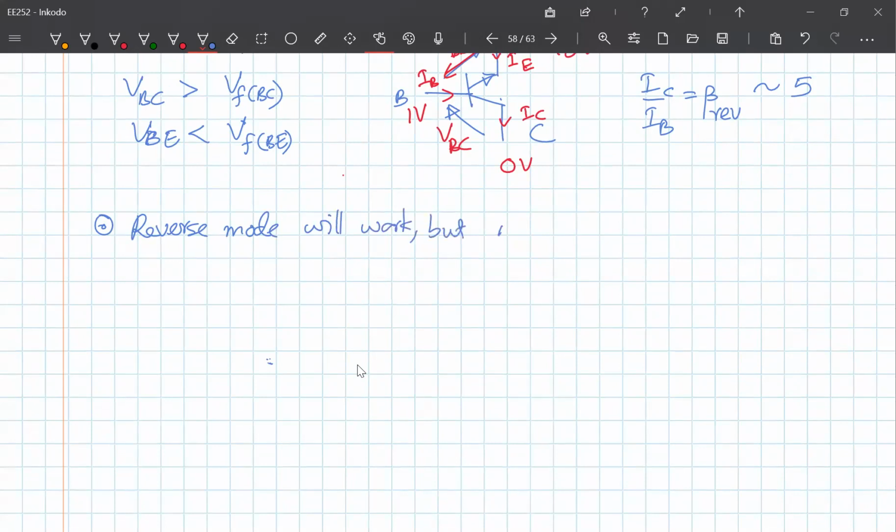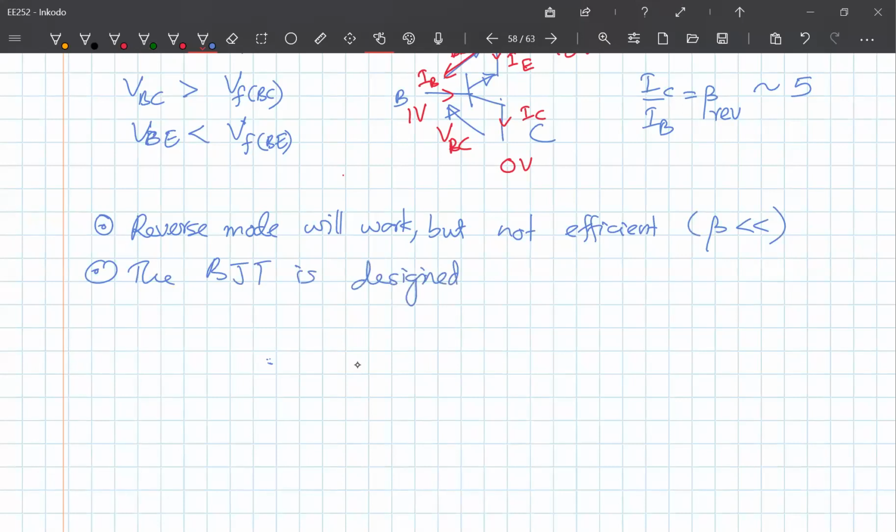The BJT is designed and optimized to work with the base emitter junction forward bias and the base collector junction reverse bias.